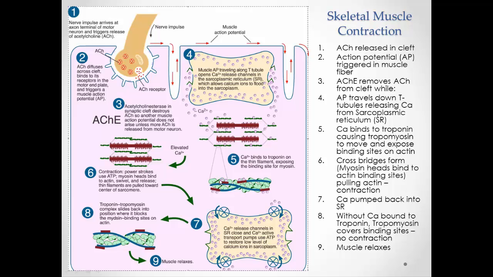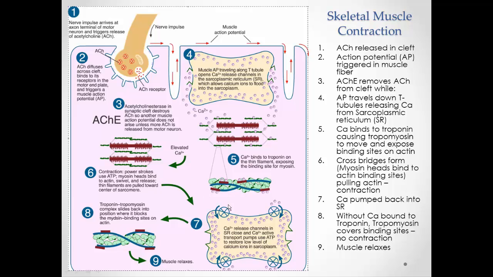As long as calcium is present, the muscle can contract. The more calcium I have in there, the more binding sites are available, the more myosin heads can grab a hold of it, the more cross bridges form, and the stronger the contraction. So if I get release of calcium, I get lots of binding sites exposed, I get cross bridges forming, I get muscle contraction.